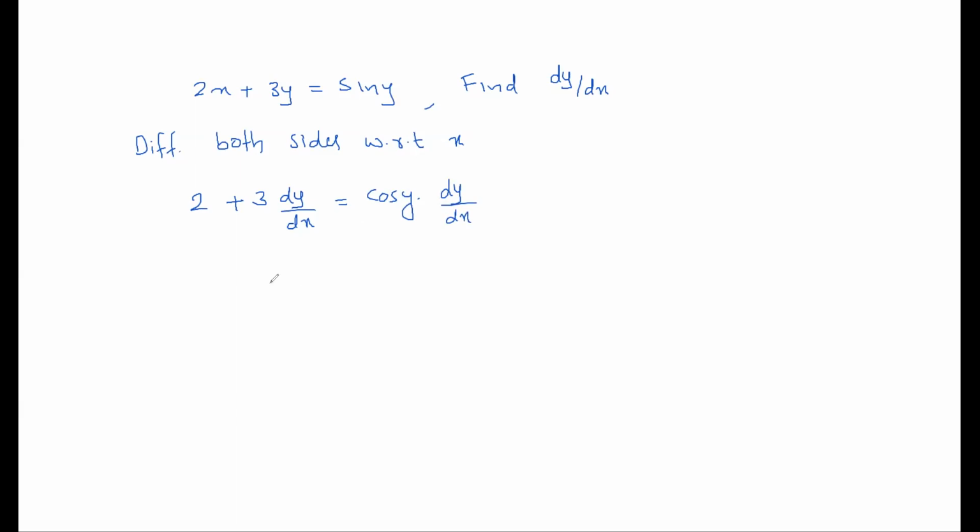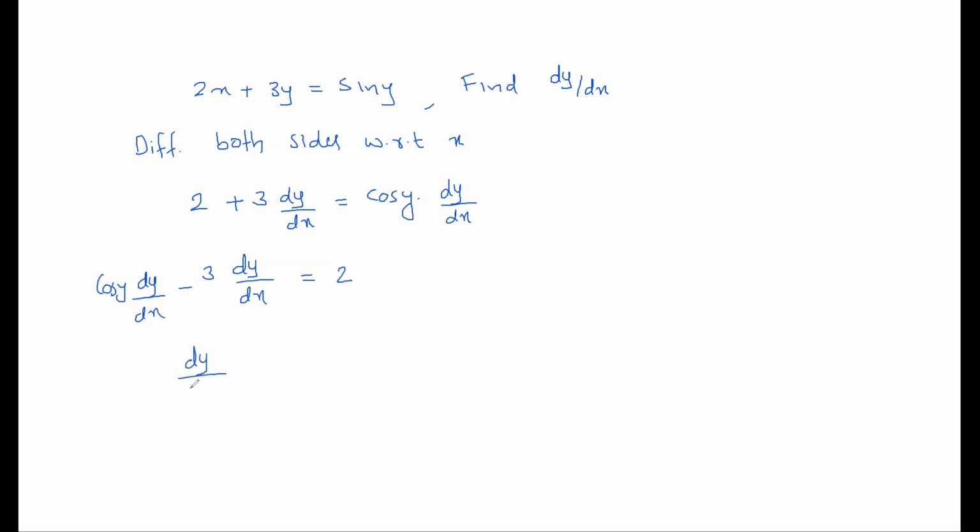So now you can collect the terms containing dy by dx on one side. You can write this as 3 into dy by dx minus cos y into dy by dx is equal to 2.